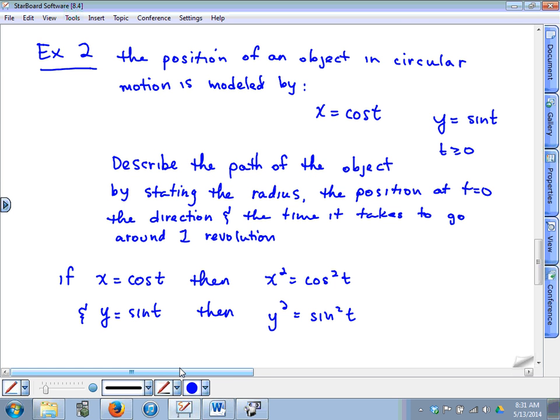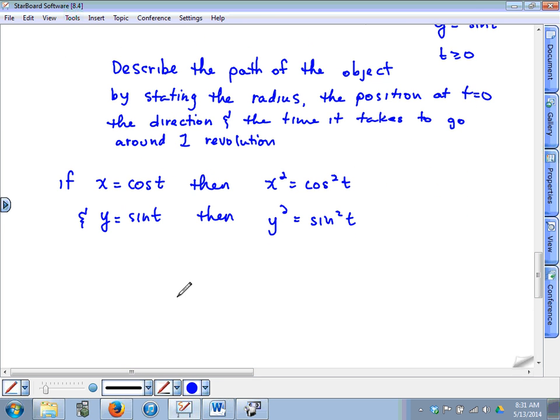Let me ask you another question. What does the equation of a circle look like in standard form? Not in parametric form, but in standard form, what's the equation of a circle? X squared plus y squared equals the radius squared, right?